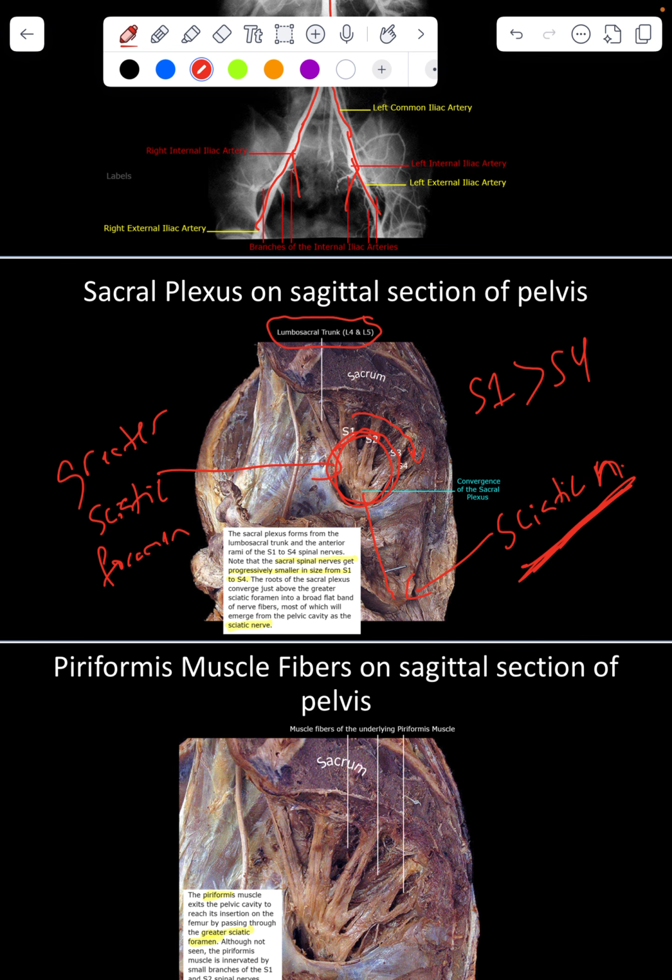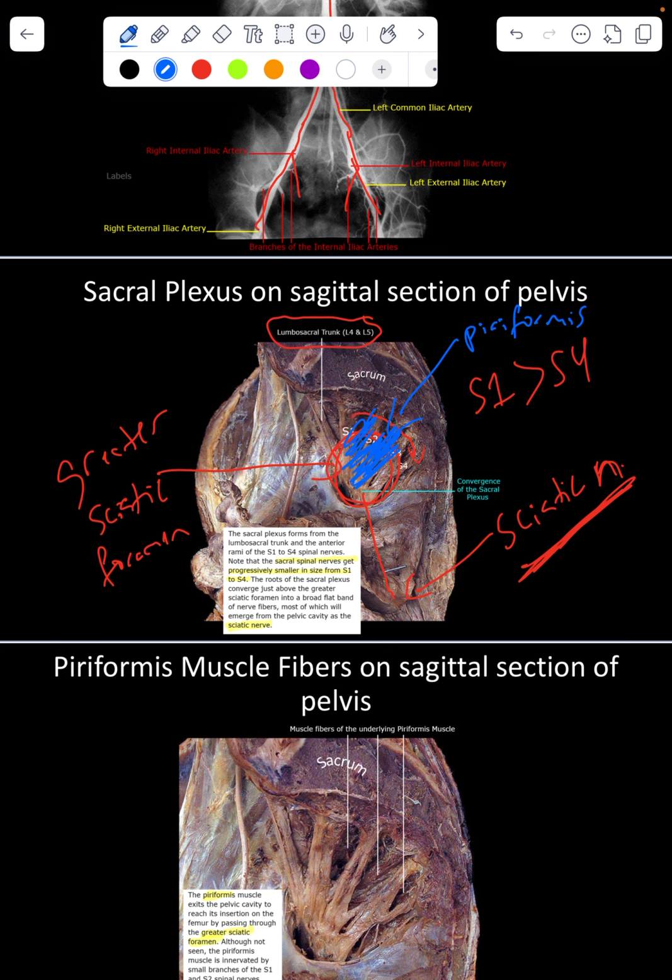This muscle that's under these nerves, going in this direction, is the piriformis. So you have two muscles that go through two different foramen. So the way it works is this. You have your sacrum, and then you have a part of your pelvis called the ischium.